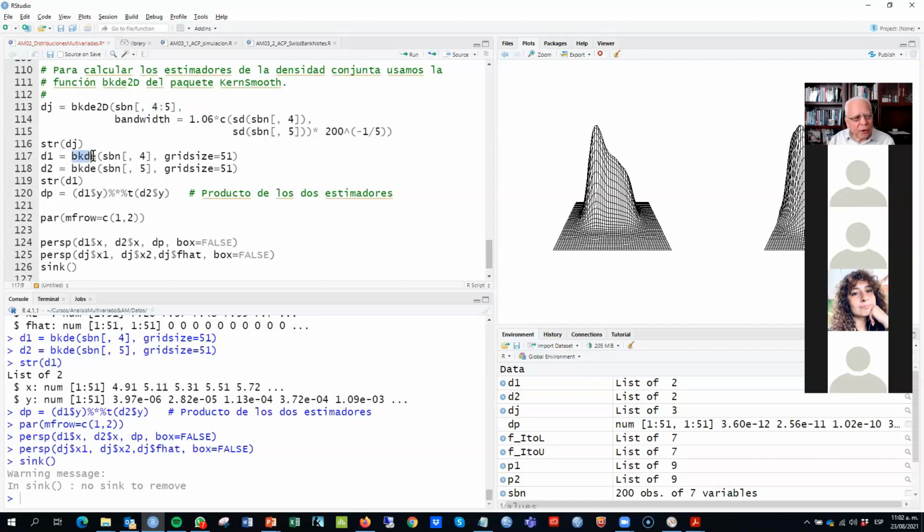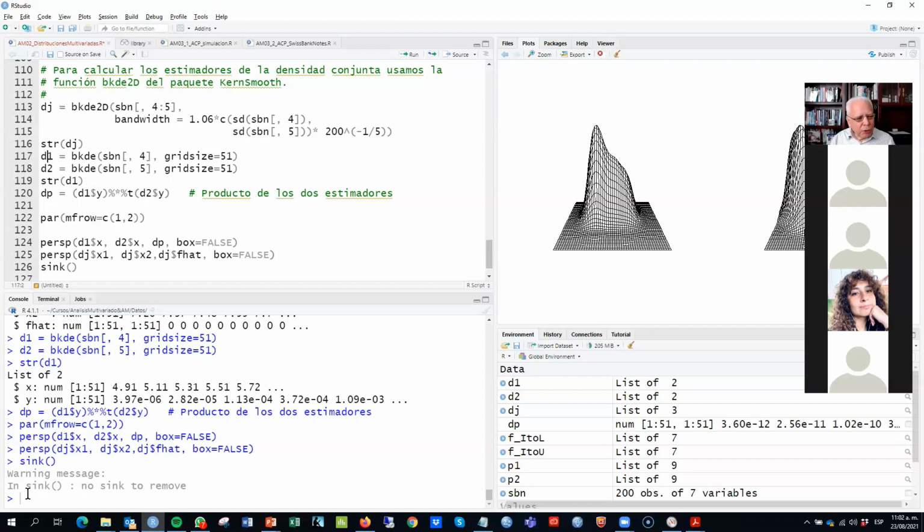Here I'm using different functions. This function computes a two-dimensional density function. Okay, it estimates a two-dimensional density function. And this one here estimates a one-dimensional density function. So I'm estimating the marginals, which are D1 and D2.